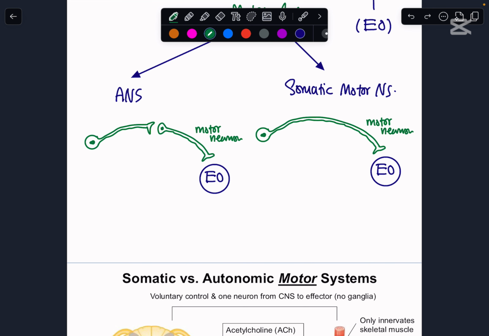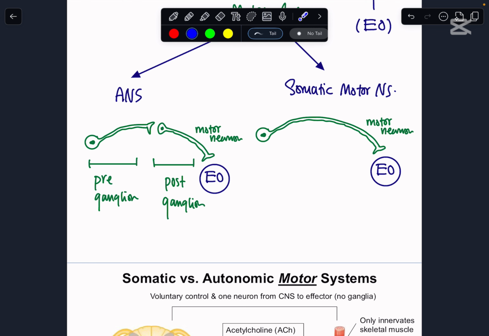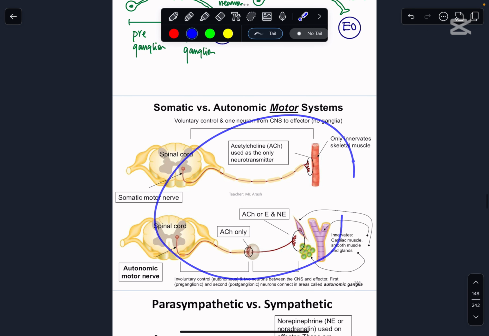And because we have a two neuron system, we have two ganglia. This is technically a ganglion, and this is also a ganglion. So we call this neuron preganglionic, and we call this neuron postganglionic. And EO is the effector organ. That's exactly what we are showing you in this slide, guys.